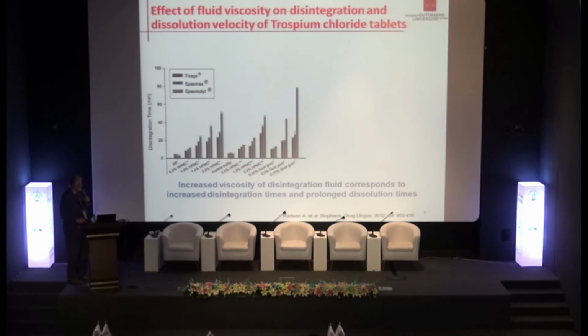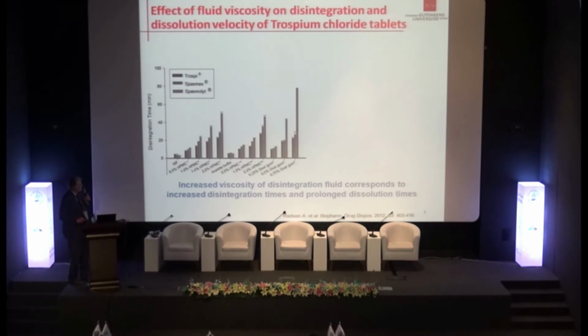And just to show you a case example, this is a drug called trospium chloride, which is sold. It's an antimuscarinic drug, BCS class 3, sold on the German market. We have currently 3 products, Spaspi, Spasmex, and Spasmolute.